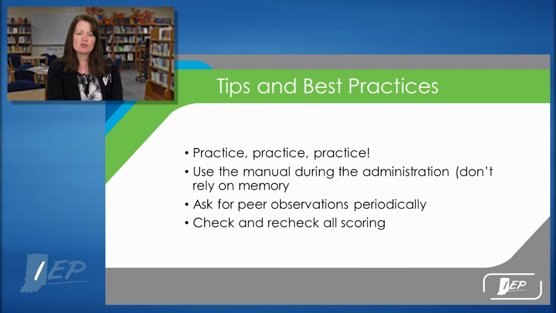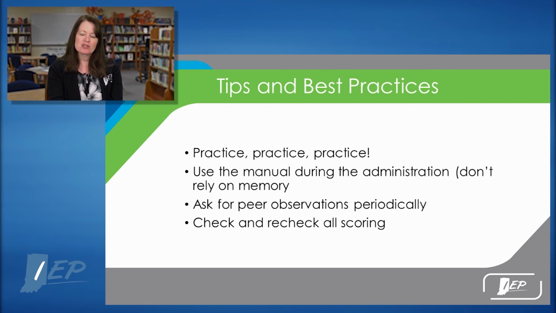Also make sure and check your scoring. We are human and we make errors. And a lot of our things are automated now. So those of you using like Q Global or something like that, we don't have, I think, as many errors. Pretty much everything I do is still hand scored, and I have to check and recheck and make sure that I didn't look at the chart wrong and that I didn't give it a 1 when it should have been a 2 or something like that.